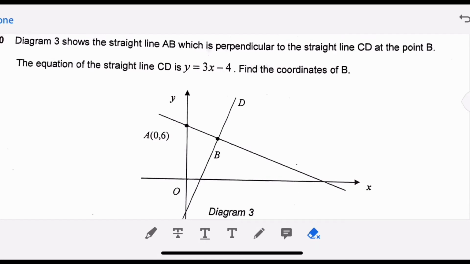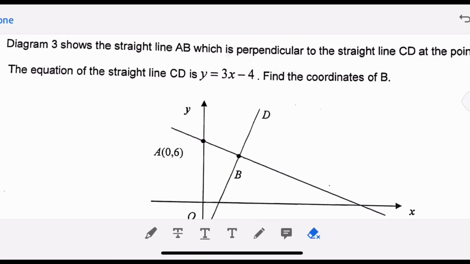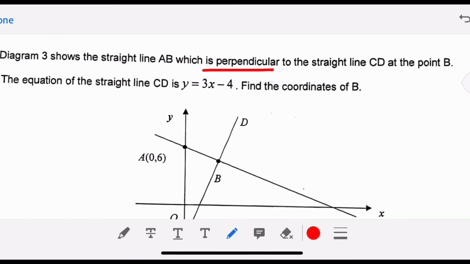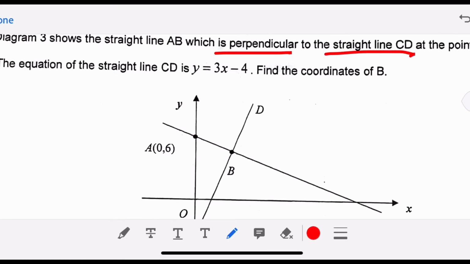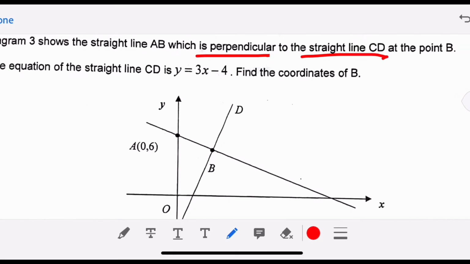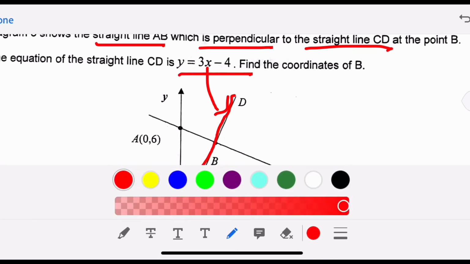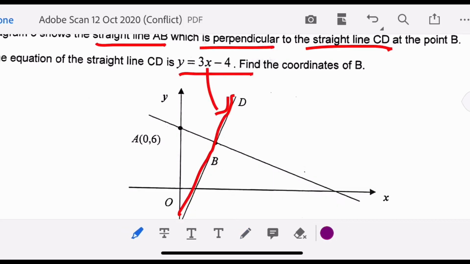Alright, I think I just missed out one question. So this is the last question that I will discuss for today. Diagram 3 shows the straight line AB which is perpendicular to the straight line CD at the point B. You have one straight line in red color, with equation given y equals 3x minus 4.